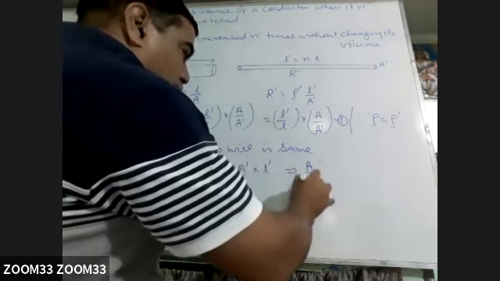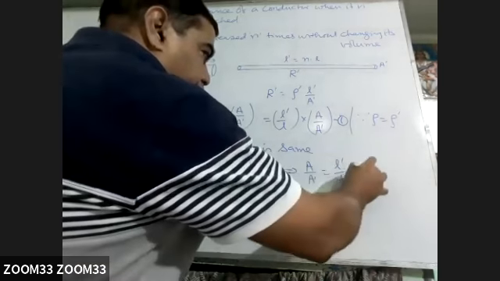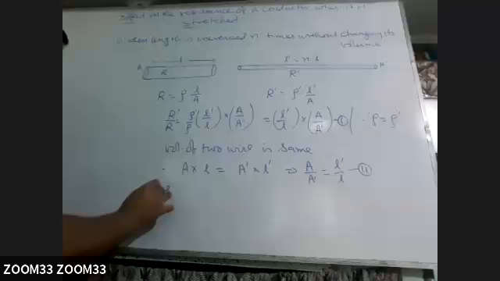That means A over A dash will be L dash over L. So from first and second, what you will get?